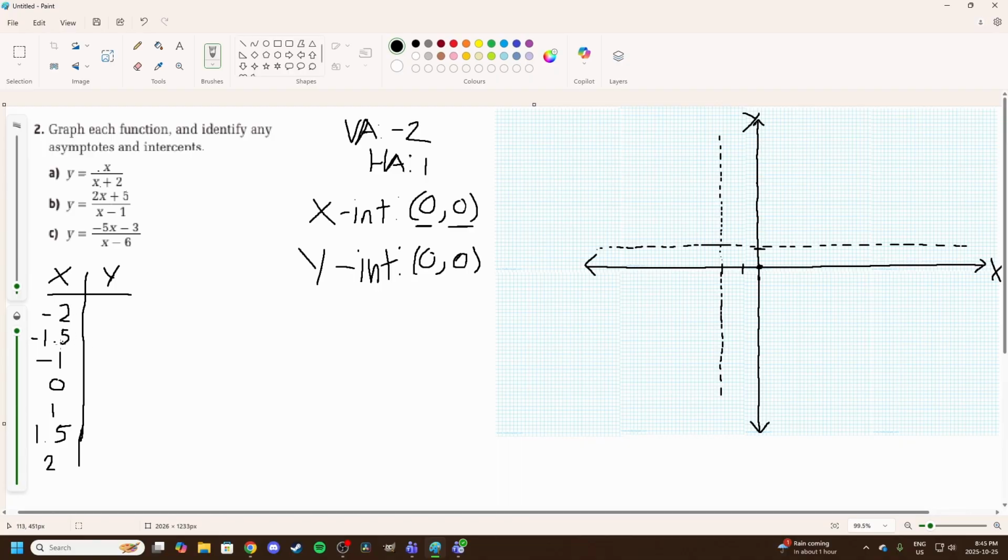These are the values we're going to use to graph this whole function. So let's just start plugging in values. I'll do this quickly and skip through it.